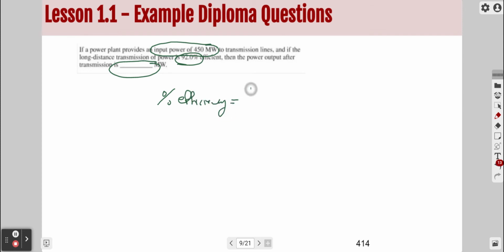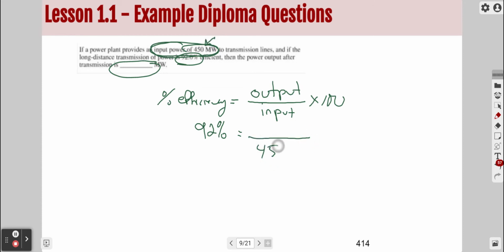Formula is the input energy, and this is in your data booklet, divided by, nope, my bad. Right, so it's actually the usable output over the input energy times 100. And we've got 92% efficiency here. We know that the input is 450. They even tell us it's called input.